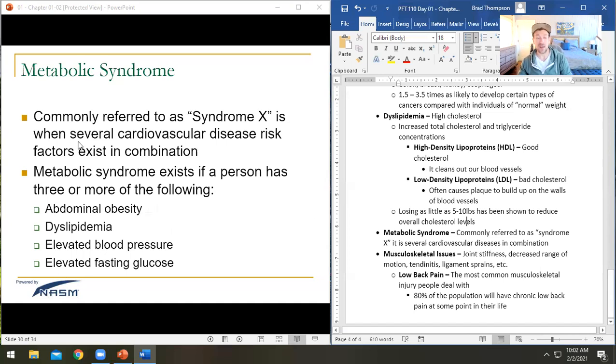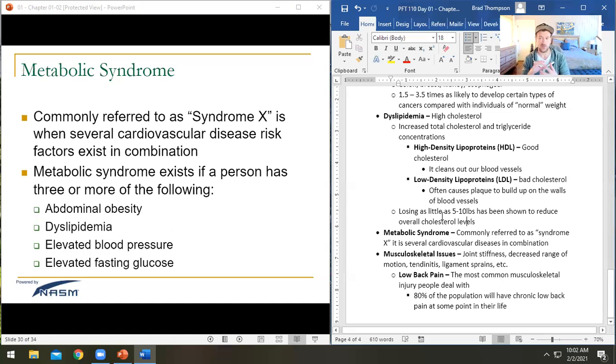All right, now metabolic syndrome. Syndrome X. This is a very unique disease. Metabolic syndrome is basically where all of these diseases start to act together, right? We start to see diabetes, high blood pressure.